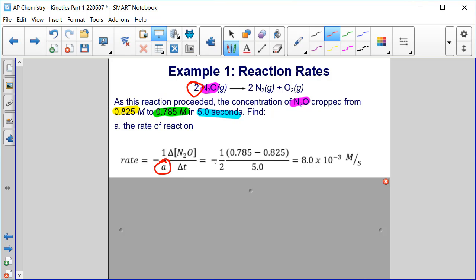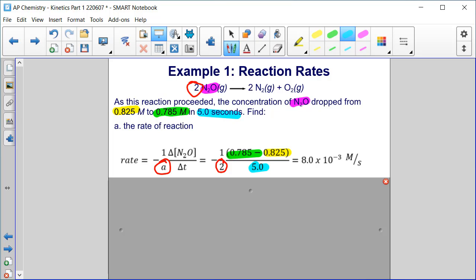So now we substitute minus 1 over, in this case, A is 2. And then we have the final amount. Calculating change is always final amount minus initial amount. So 0.785 minus 0.825 divided by the change in time, or the time elapsed, which is 5 seconds.